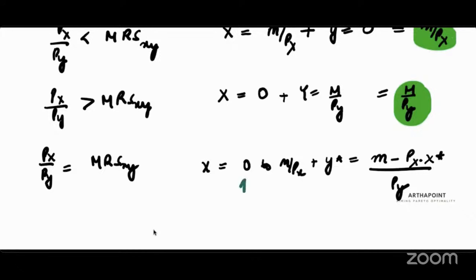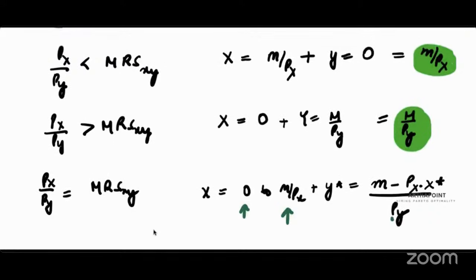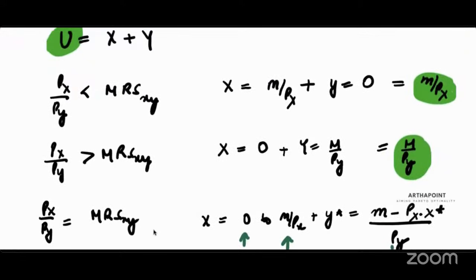When X is 0, it will come M by Py. When X is M by Px, it will come M by Px. Right? So it will be between these two values. If I have to give one line, one formula to represent these two things, then what can I really write about them?